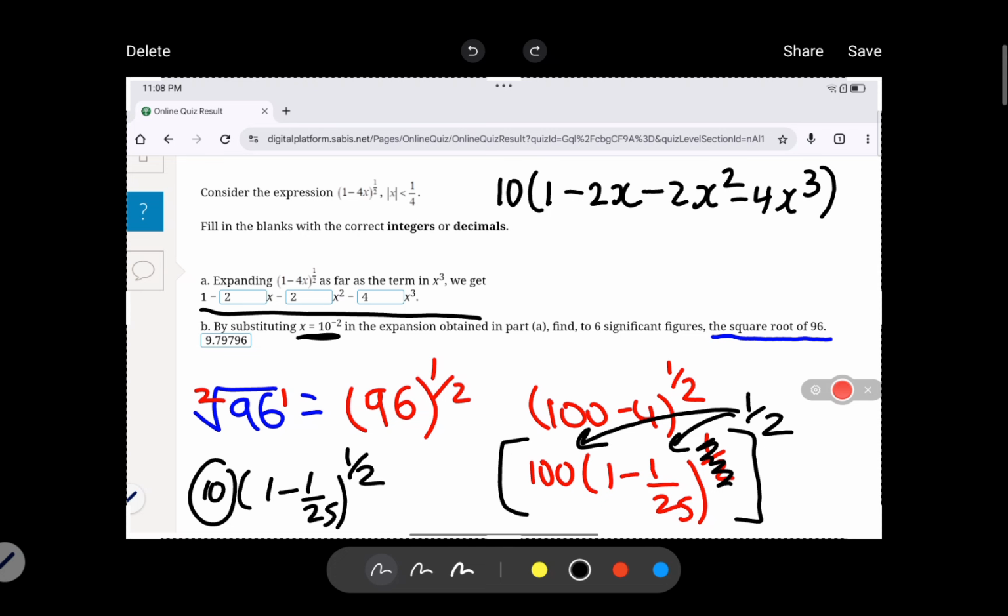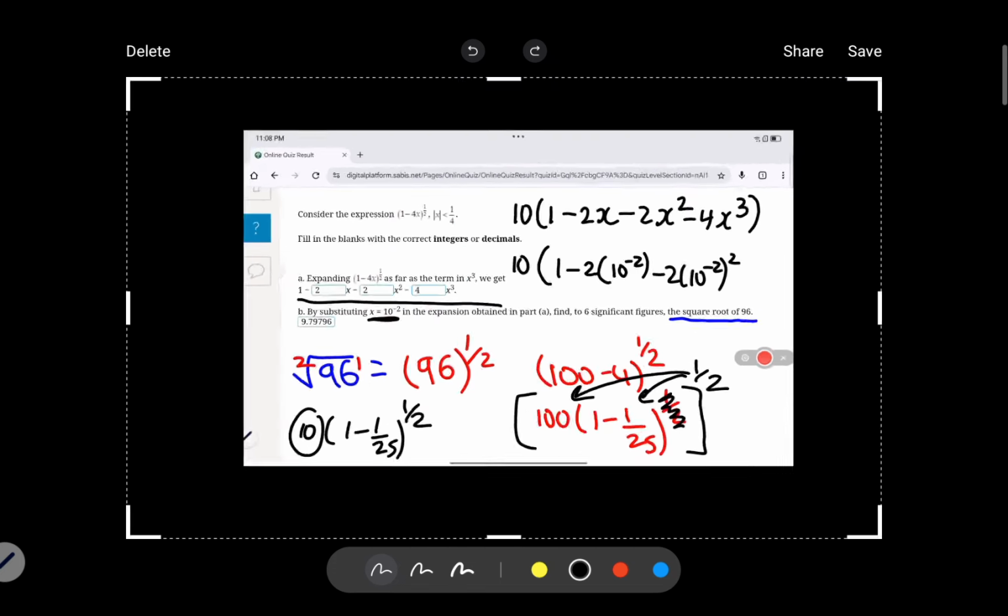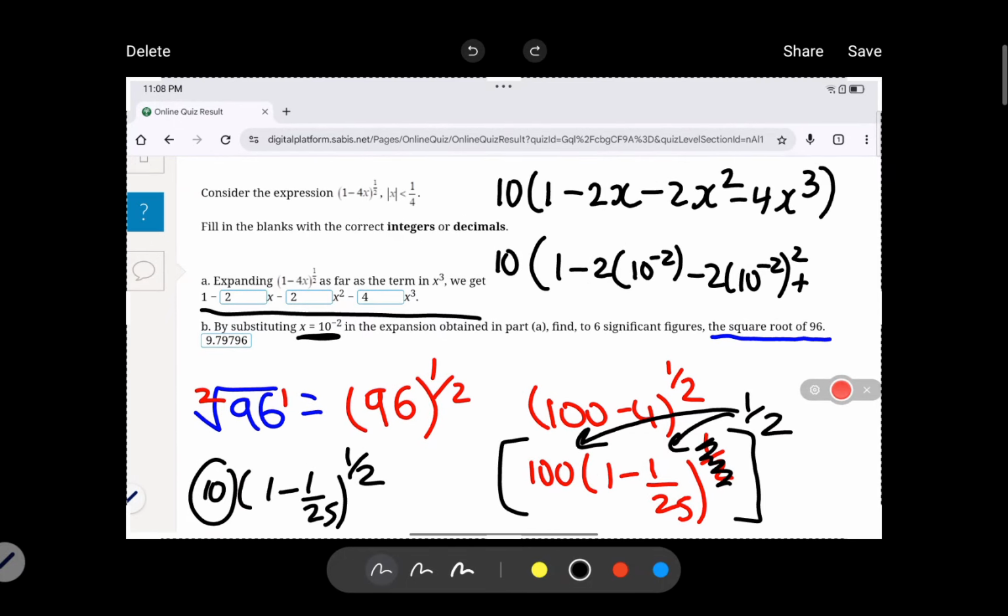You substitute it in the equation. So 10, 1 minus 2, 10 to the power of negative 2 minus 2, 10 to the power of negative 2 to the power of 2, minus 4 negative 10 to the power of negative 2 to the power of 3.